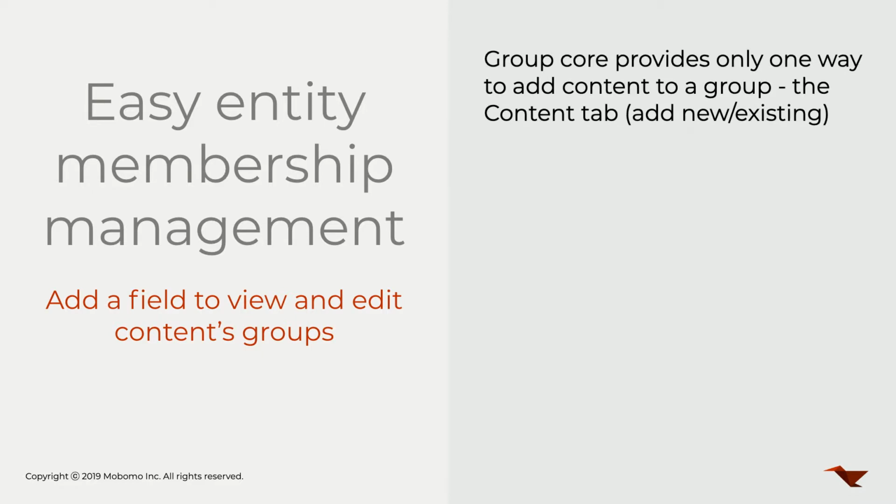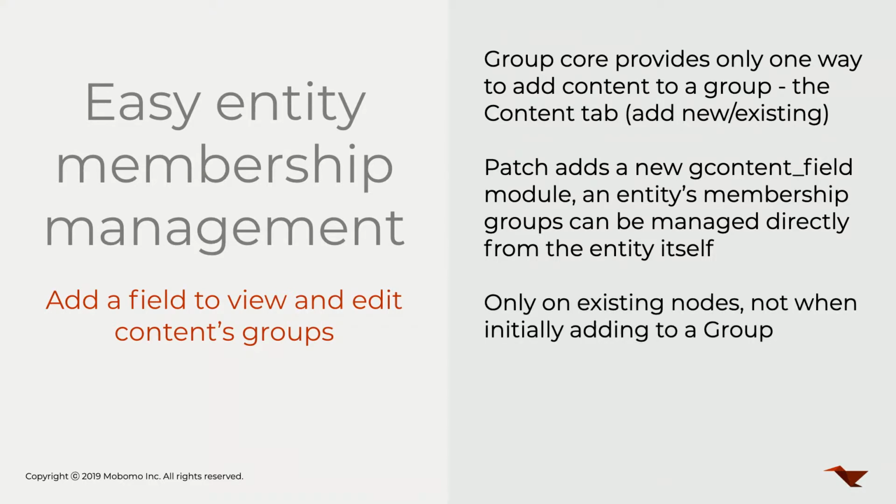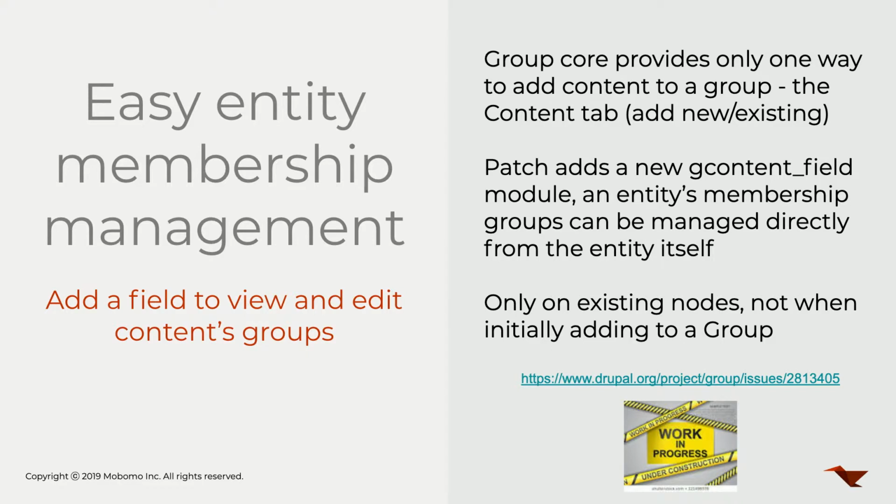But this provides a field that lets you manage the entity's memberships in groups, along with any customized fields which go along with that relationship. When you first create nodes in the context of a group already, saying I'm going to add a new node to this group, it automatically hides that field for you, because you don't need to be bothered with that when you're creating. There's the patch. It's still very much in progress, but people are starting to use it.